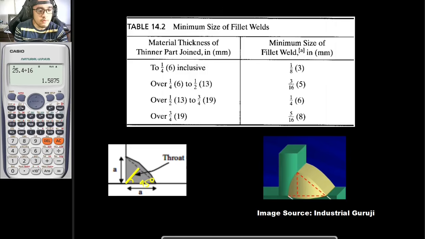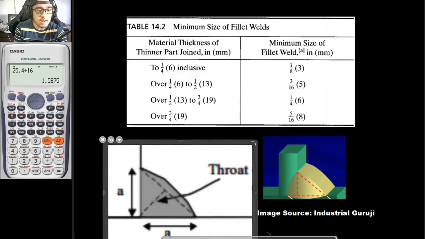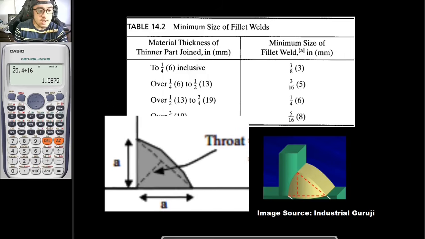For you to solve for this length right here, I would just be resizing it for you to see it better. As you can see here, this is to be a triangle. This triangle right here has a right angle here, and this is to be 45 degrees. And in order for you to solve this part, if this is your hypotenuse, using the law of trigonometry, let's say that this is to be your throat.